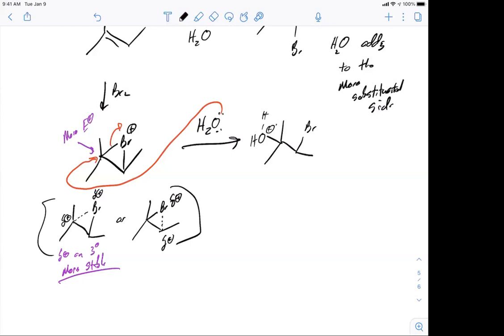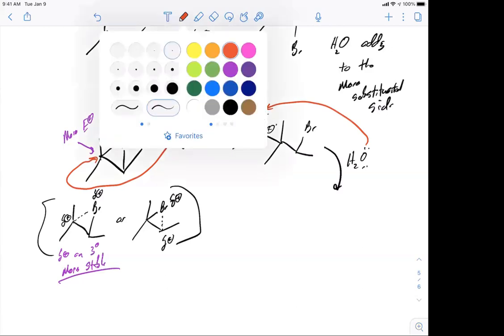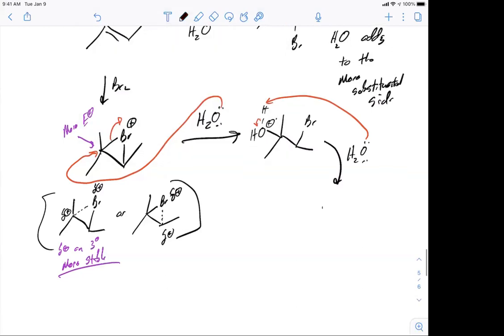Right, and then a proton transfer. So the stability of that partial positive at the tertiary position is what drives the regiochemistry here. And I haven't shown the anti-addition, but it would be anti-addition here.